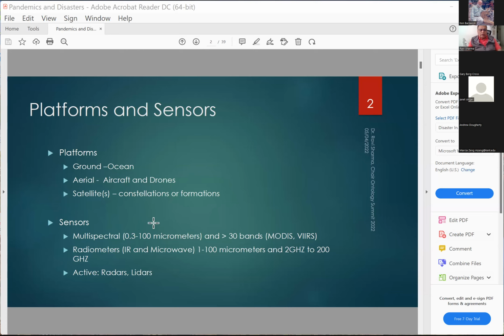What goes into these satellites are sensors, and typically the 3 or 4 kinds that come to mind are multispectral sensors. And since we can see things through windows in the atmosphere where the sunlight is falling, so we range it from 3 to about 100 micrometers for visible infrared, and up to 30 bands on each scanner or sensor.